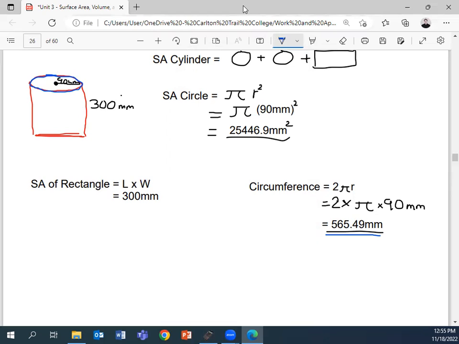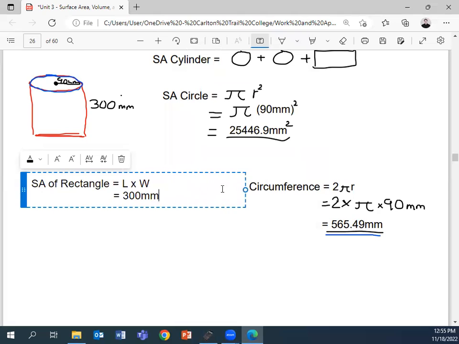That is my other unit of measurement here, right? So this 565 millimeters is my width times the height, or times 565.49 millimeters. It makes sense why I'm putting this in, right? You have to break it down to its base shape.